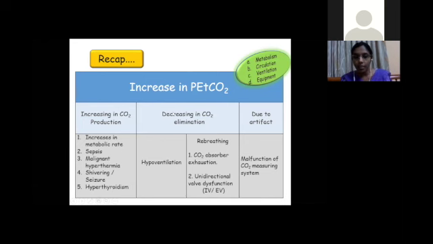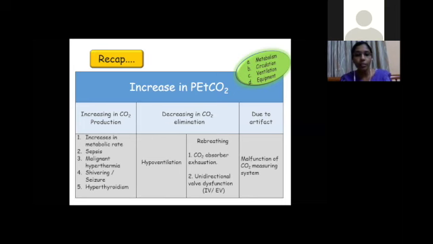Increase can also occur when there is a decrease in carbon dioxide elimination, like if we are hypoventilating the patient, or there is rebreathing because of carbon dioxide absorber exhaustion, or there is a unidirectional valve dysfunction, either the inspiratory or expiratory valve. Or it can be merely an artifact with the measuring system we are using.